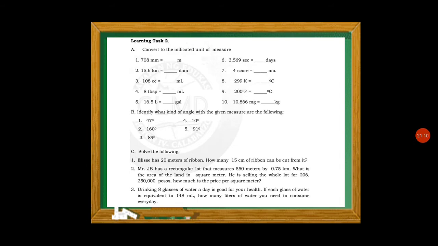So times 8, that is 8 glasses. That would be the value of 8 glasses in milliliters. So how many liters? Then you have to convert the value of the milliliters to liters.